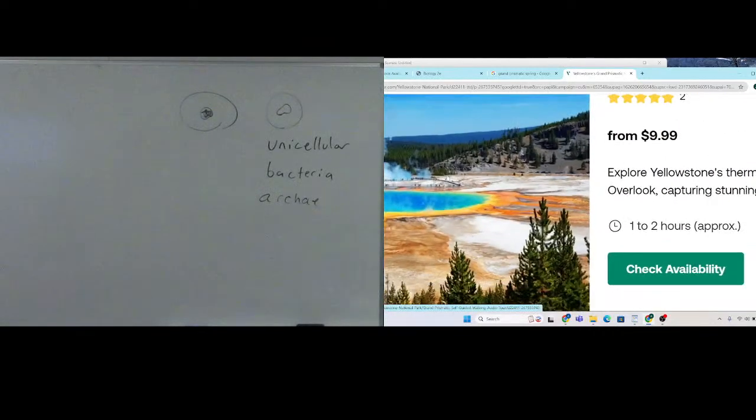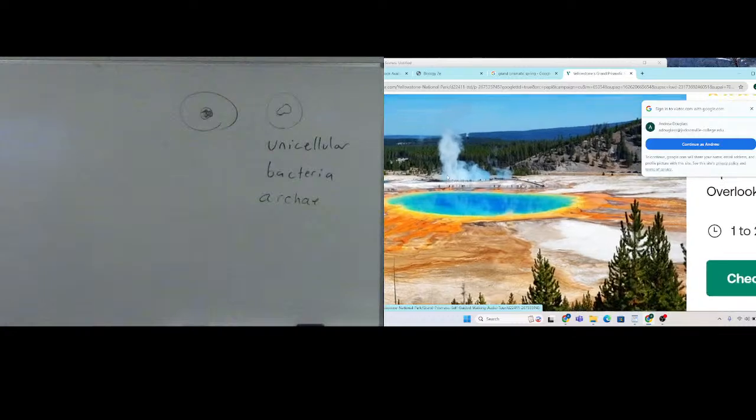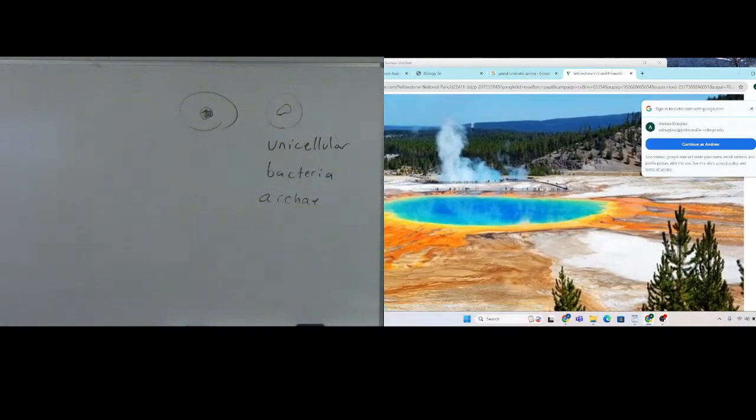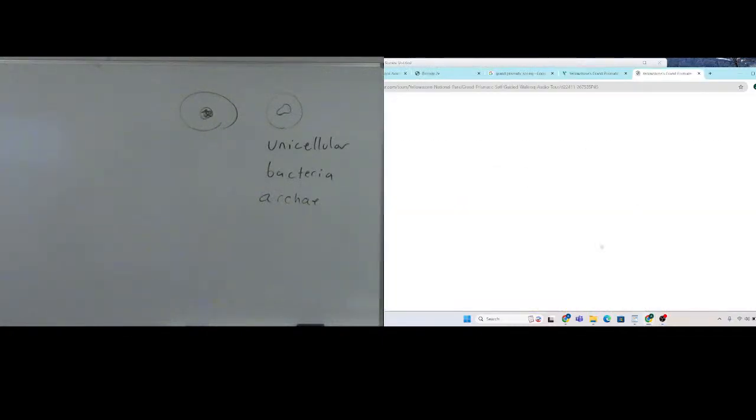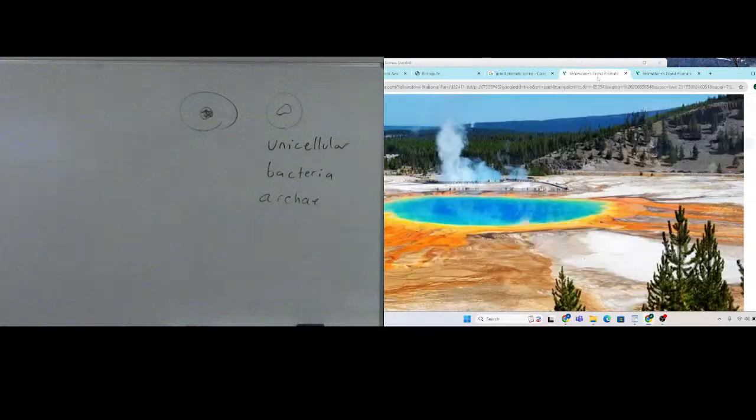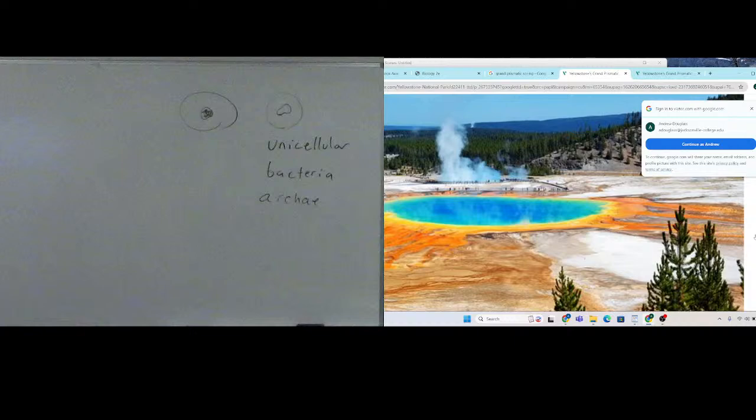This is not colored by hand. This is what it looks like. Make sure that you can see this too. There we go. Look at that.